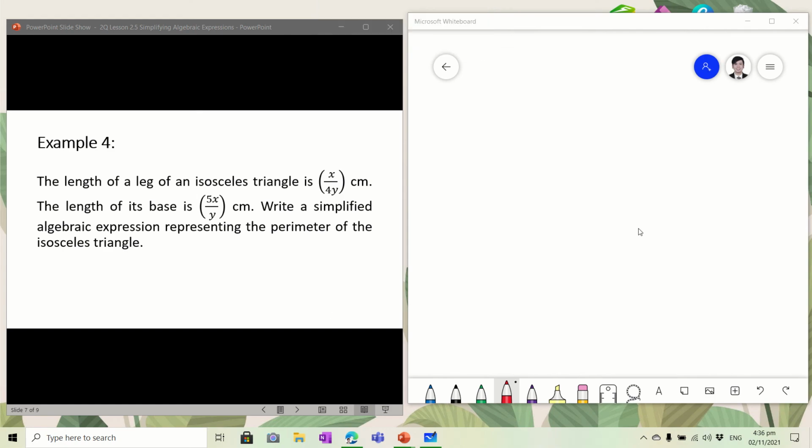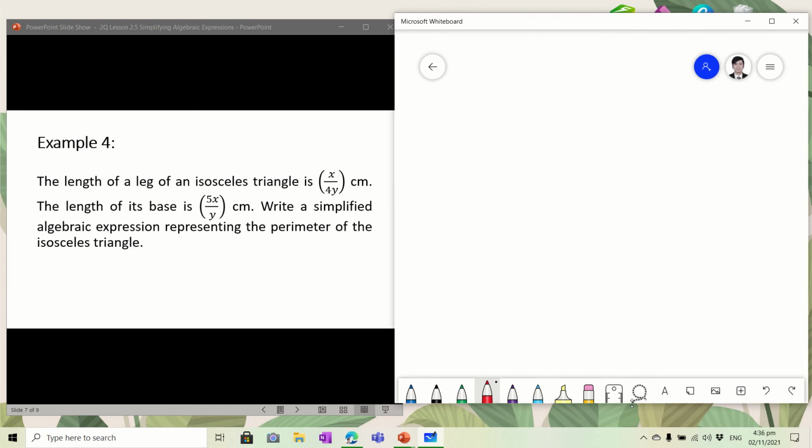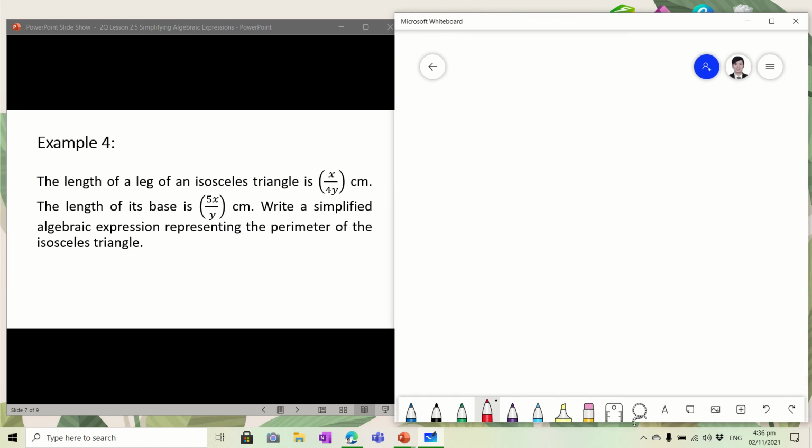To answer this, let us try to understand the problem first. So we're given the length of an isosceles triangle. So we need to recall first what an isosceles triangle is. When you say a triangle, it's a figure with three sides.